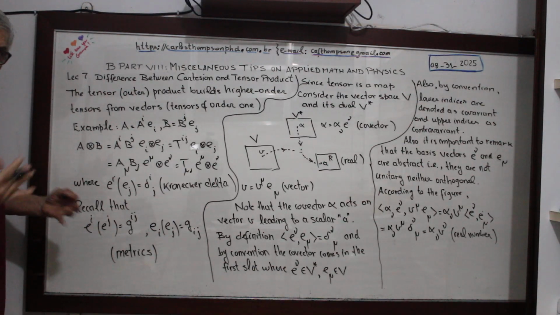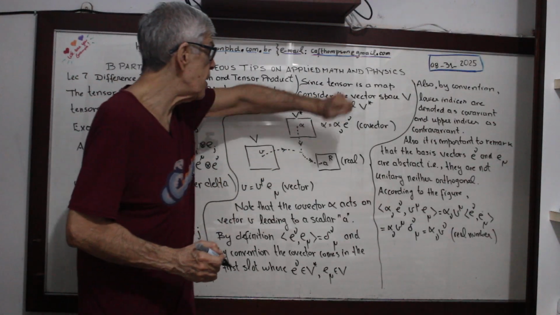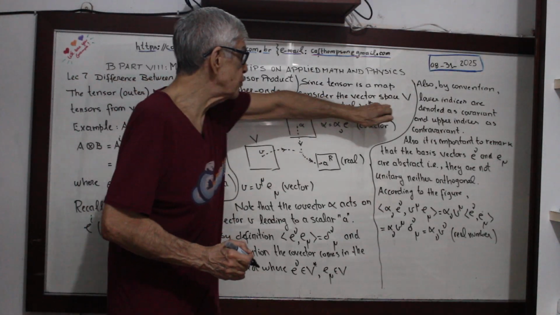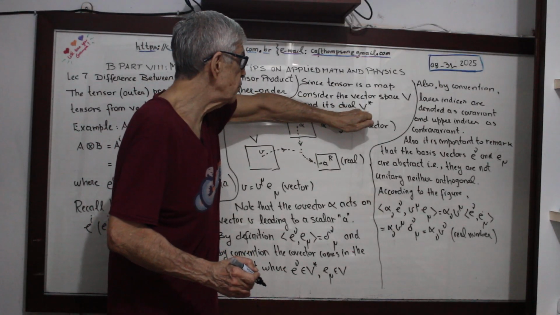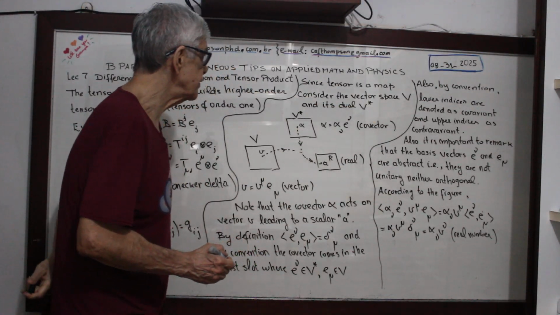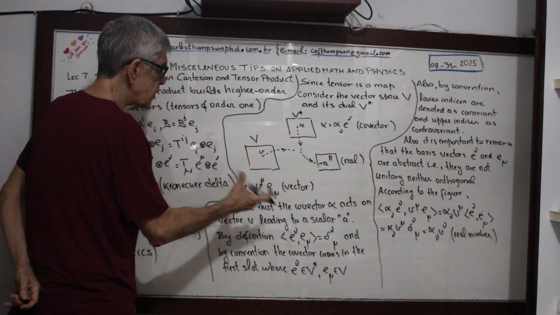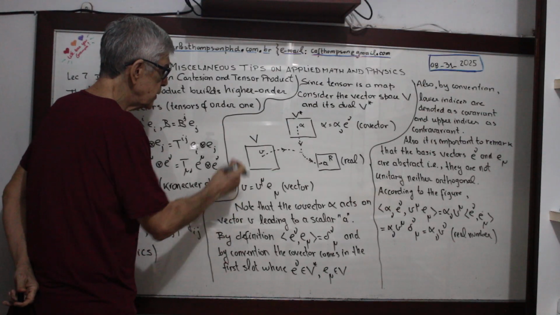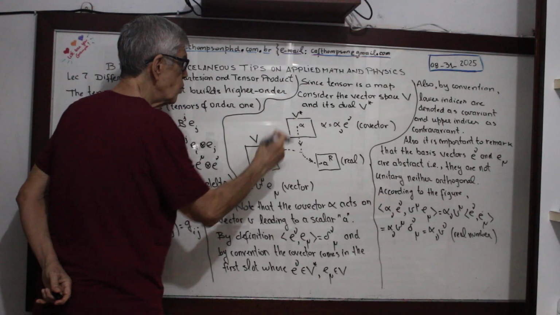That's by convention. Now, since a tensor is a map, consider the vector space capital V and its dual, V asterisk. I just drew here, for you to see clearly, that this is a vector space, and this is its dual.